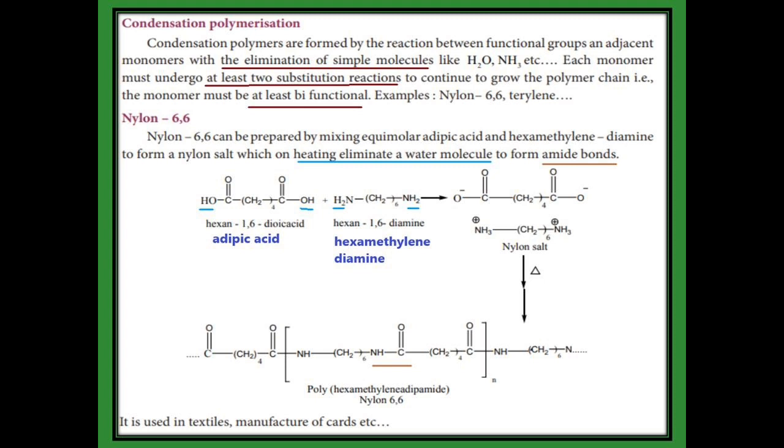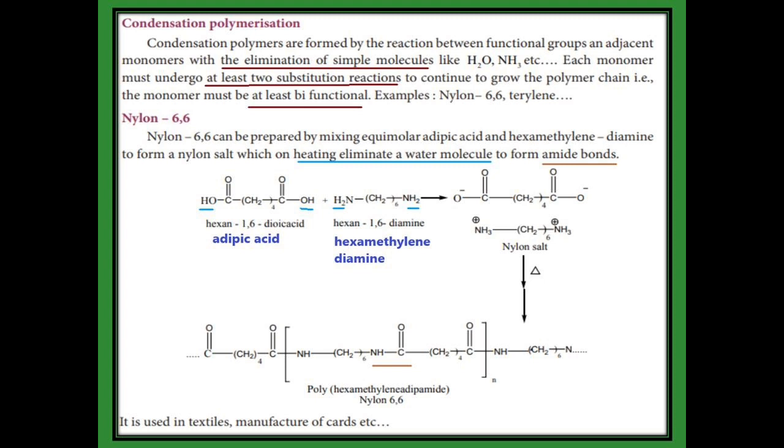Before that, it first forms nylon salt. How is it formed? Usually the acid gives an H plus ion. That H plus from the acid group goes to the amine, NH2, which attracts the H plus, so it becomes NH3 plus. Both sides' amines become NH3 plus, and on both sides the acid gives up H plus, so it becomes COO minus.